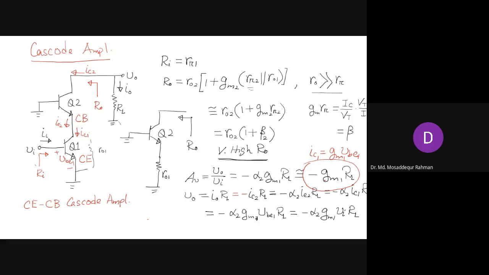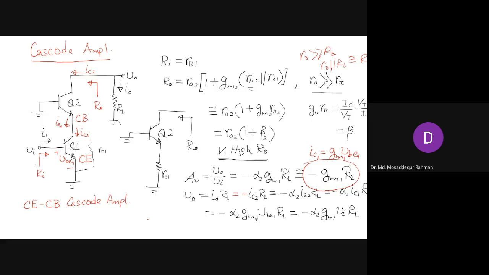It has some important implications as we'll see later, but for now that is the main difference. It may look not important, because for common emitters we said that R naught is much larger than RL, so we can approximate that parallel combination to RL.